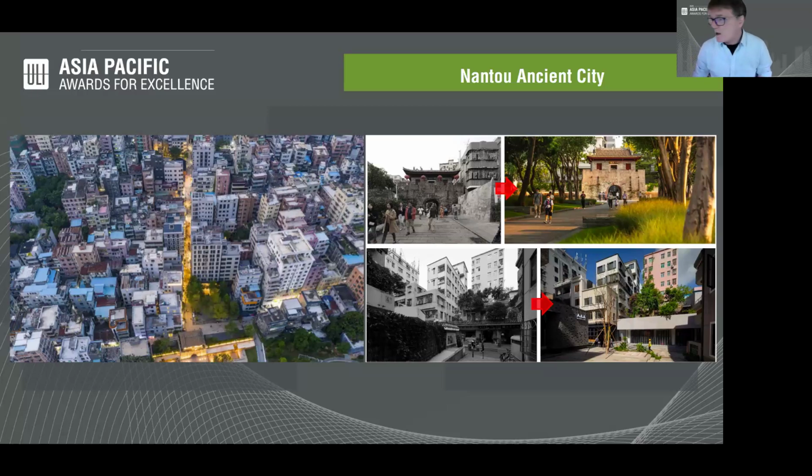And in this case, that was done in an area, I think it was around 73,000 square meters, 300 buildings, something like 20,000 residents.